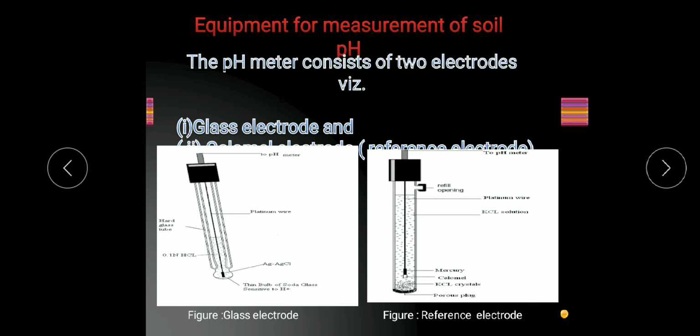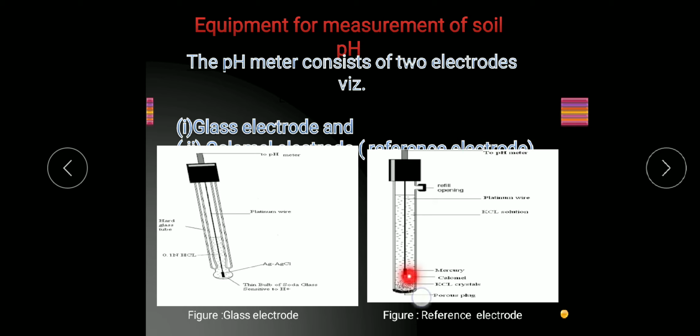In this picture, this is the glass electrode, this is the AgCl, this is the platinum wire, this is the pH meter, this is the hard glass tube, this is the 0.1 normal HCl solution, and this shows a thin bulb of soda glass sensitive to H+ ions.